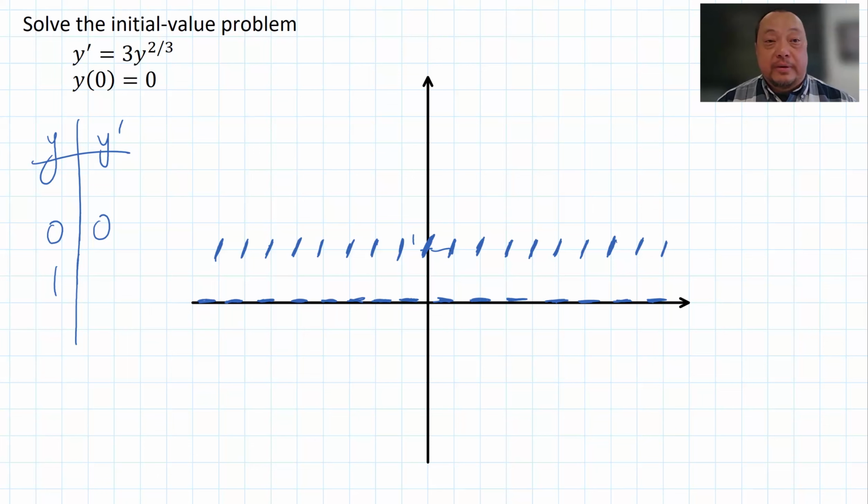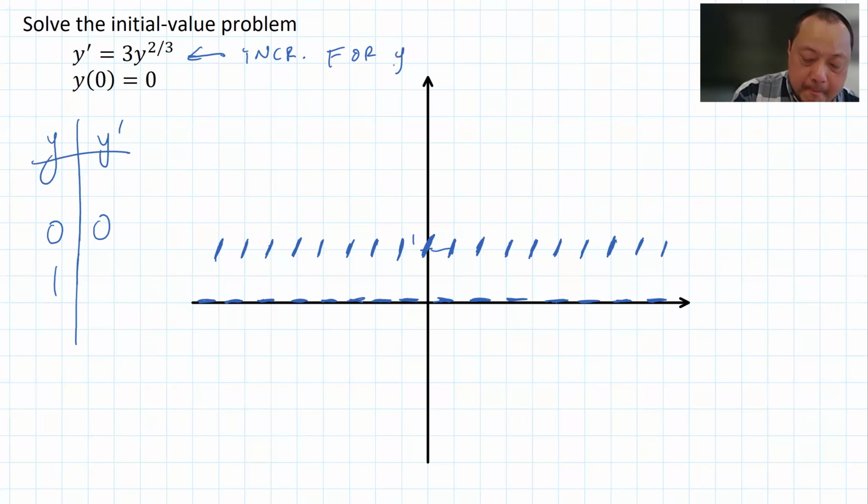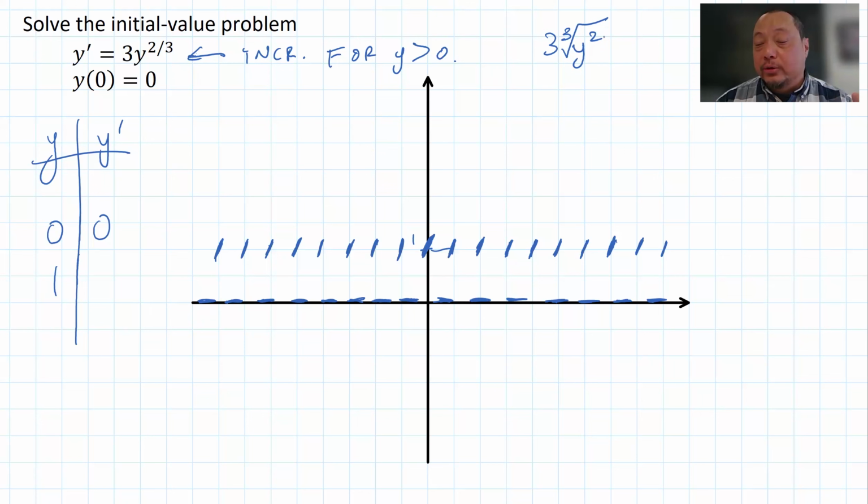Now, how about the rest of them? Well, I noticed that this function is an increasing function for positive y. And also, because this is 3 times the cube root of y squared, the squaring of y means that if you have a negative y, it gets squared to be the same as a positive y.